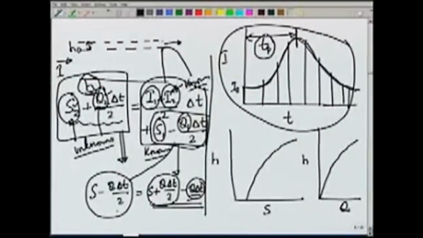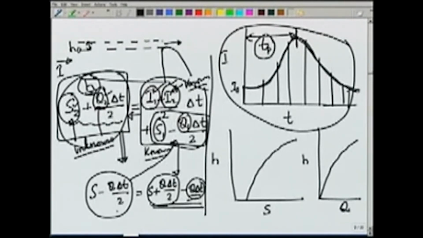So, we solve for one step, and then for the next step this becomes the known value here, and knowing the inflow, we can again get the parameter S plus Q delta t by 2 at the end of the time step, and repeat this process till we route the whole inflow hydrograph through the reservoir.